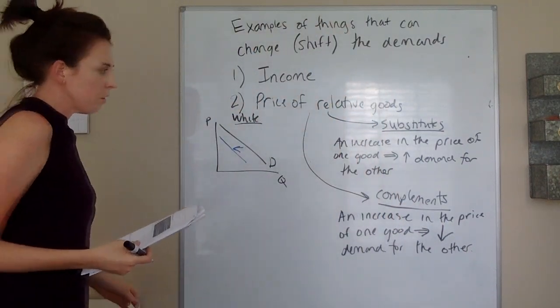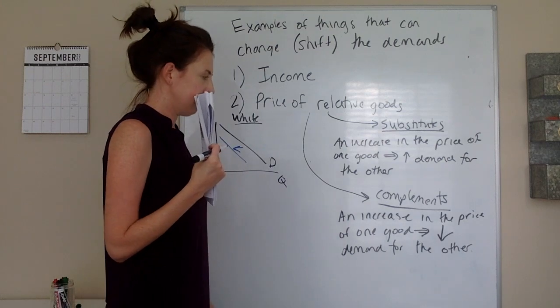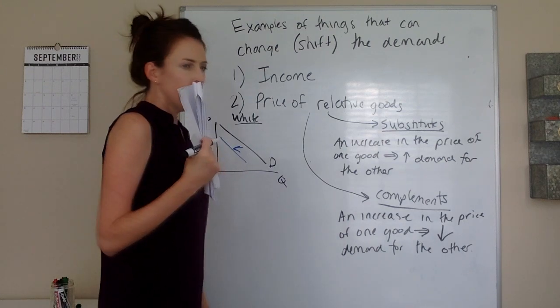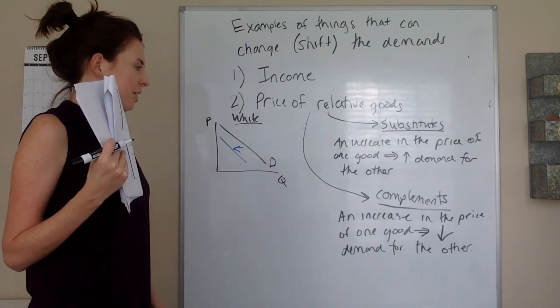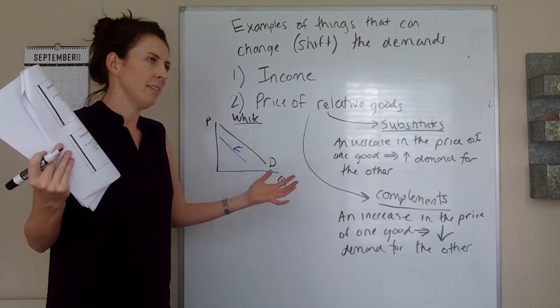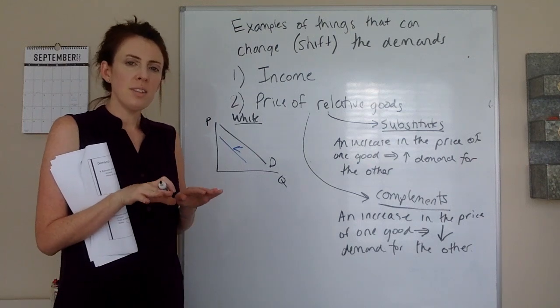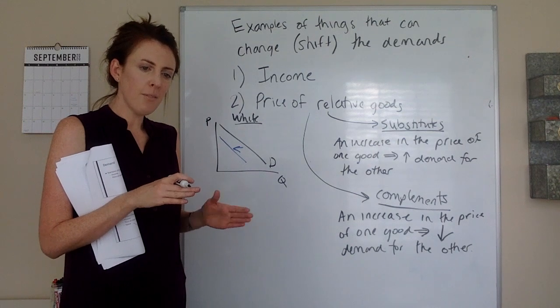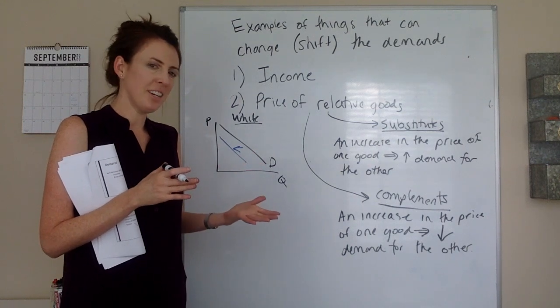Okay, so let's think of another example so that this is a little bit more clear. Another example of complements. Suppose, okay, this isn't really realistic, but it's an example. Right shoes and left shoes are complements. So if you only have one shoe, it doesn't really do you any good because you need two shoes to walk.